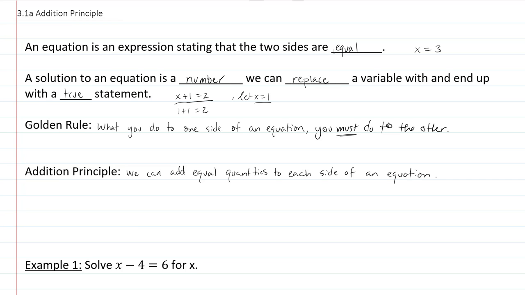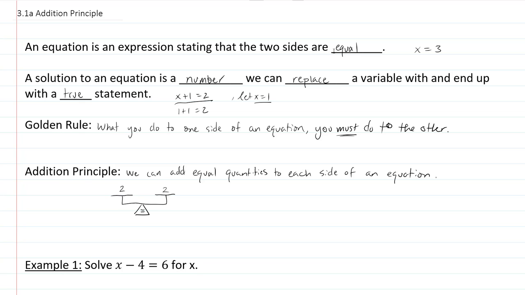So we can think of this like a scale. An equation is like a scale. So let's draw a picture of a scale here. Have the equal sign here. So say we had 2 equals 2 here. We would agree that this would be a balanced scale if we had 2 on each side of the scale.